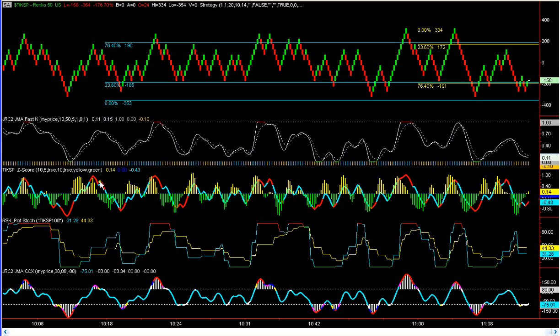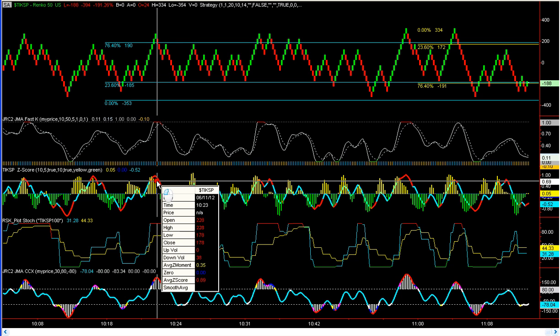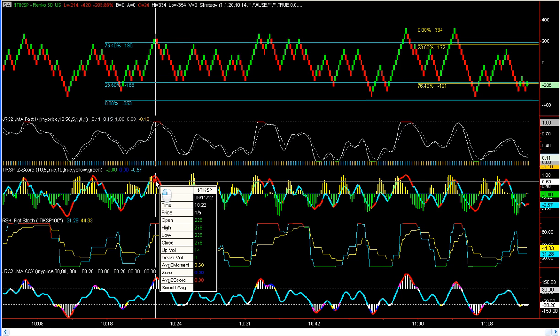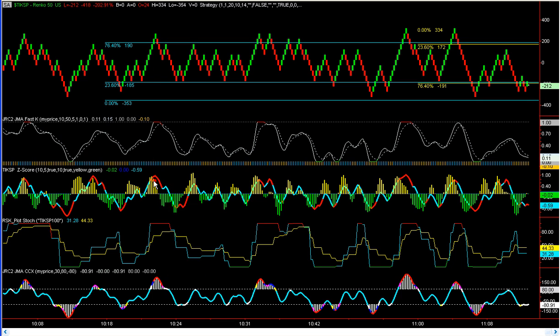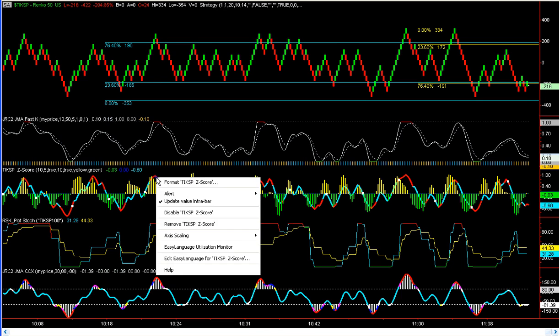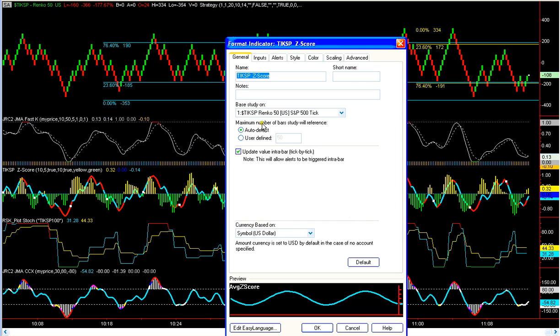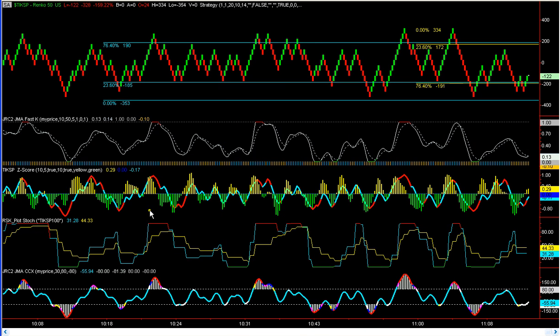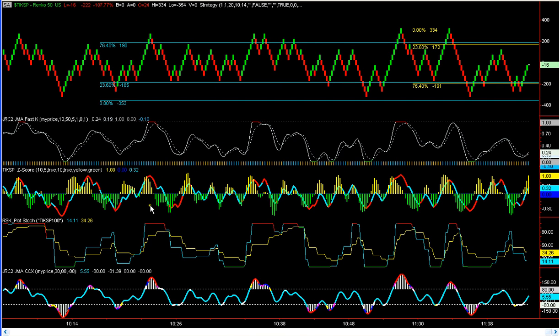The Z-score color change is based upon what we're observing on this data feed. So we're using a slightly different level at which we're going to paint the color of the bars red.